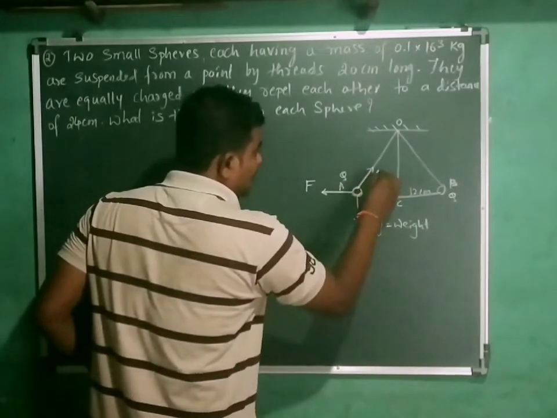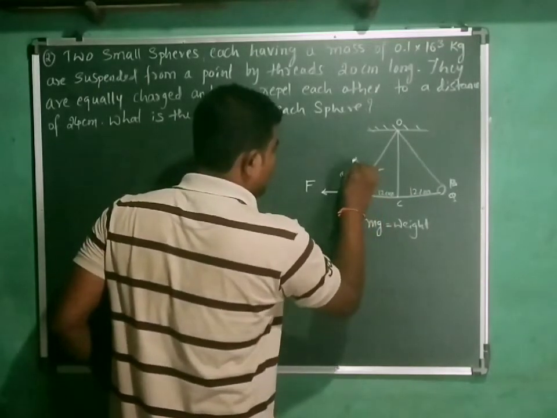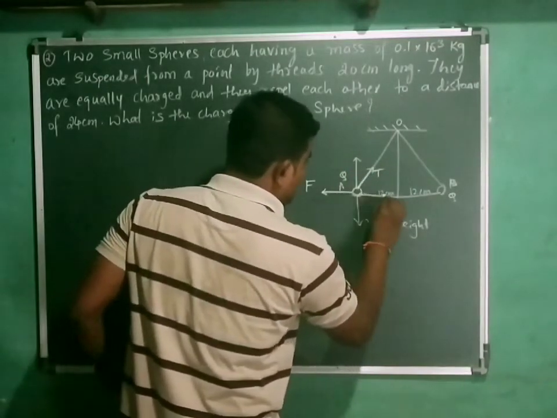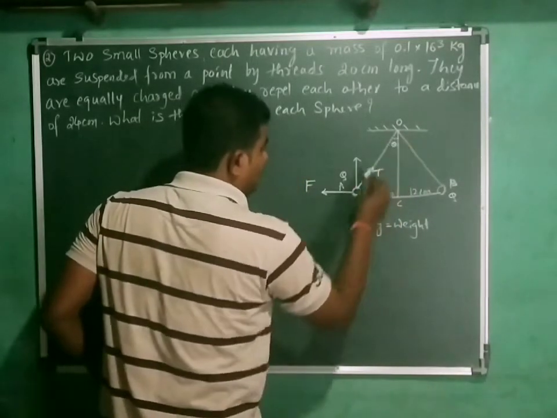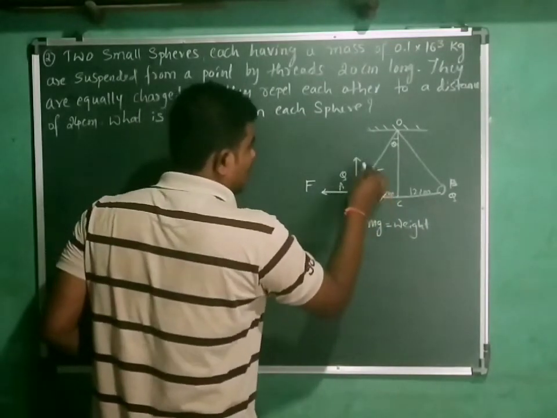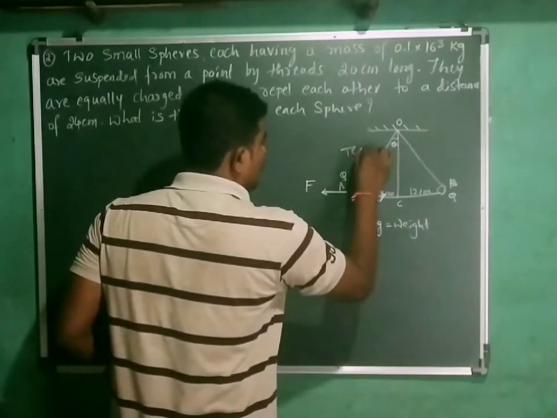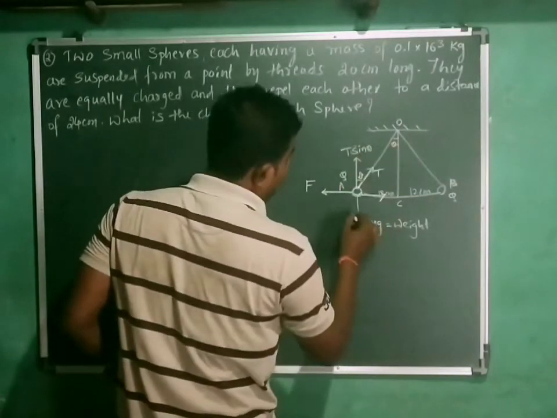And this thread has tension due to this mass. This tension can be resolved into two components, one in this direction, another in this direction. Since this is theta, this is going to be theta. Tension is a vector quantity, therefore it is T cos theta and T sin theta.